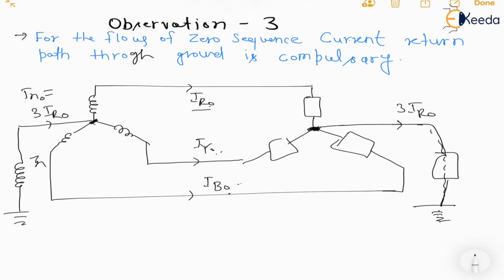Next point is, the value of Xn will affect the value of IR naught, as I have mentioned presently in this diagram. The next point is, neutral current consists of only zero sequence current. IN is equal to 3 into IR naught, I derived that. So this is all about observation number 3.